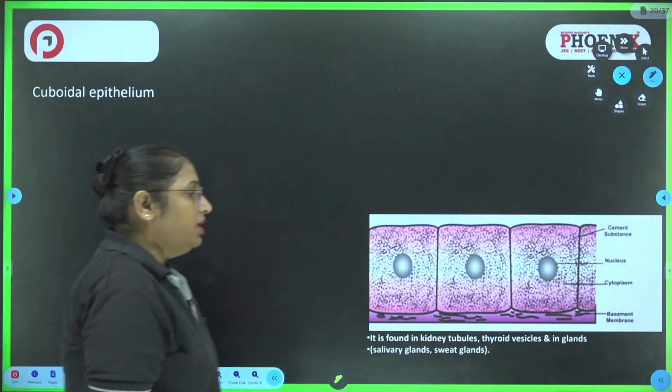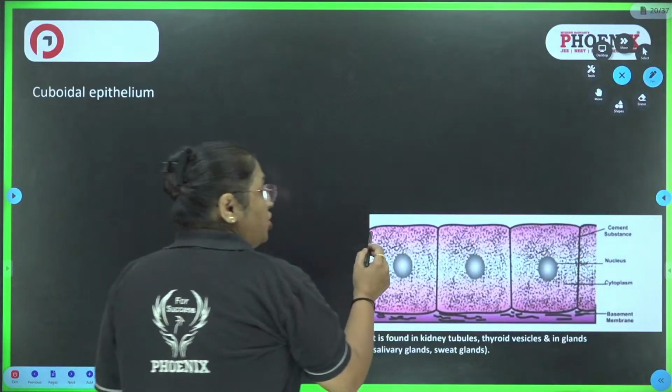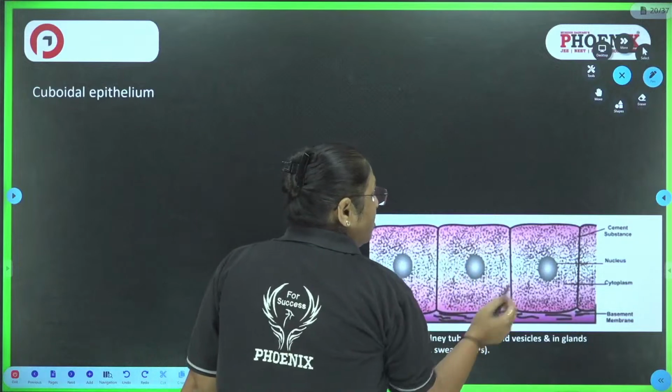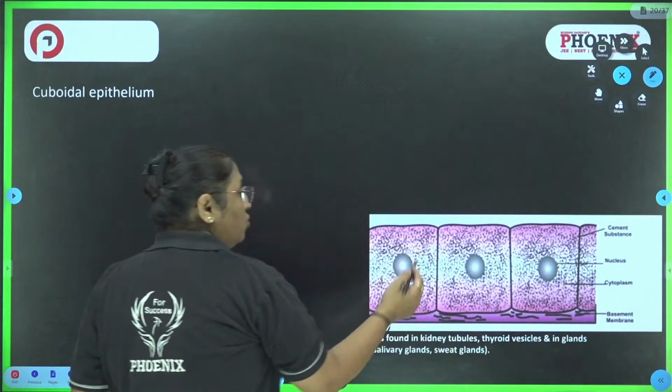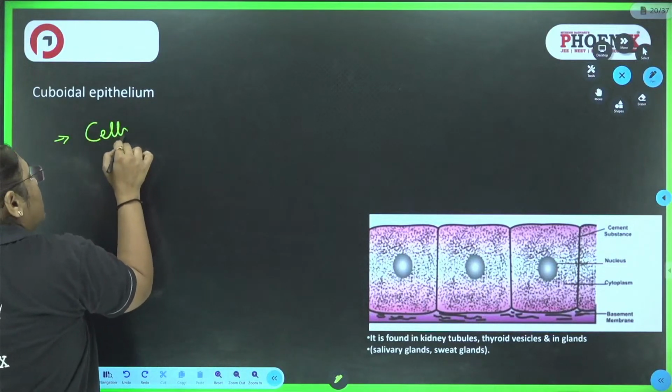Next, the cuboidal epithelium. As we can see, the shape of the cells is almost square or cuboid. They are almost of the same height.